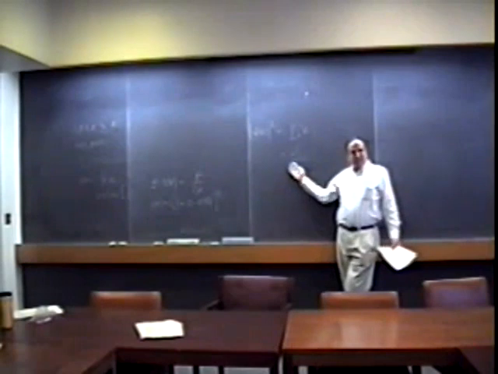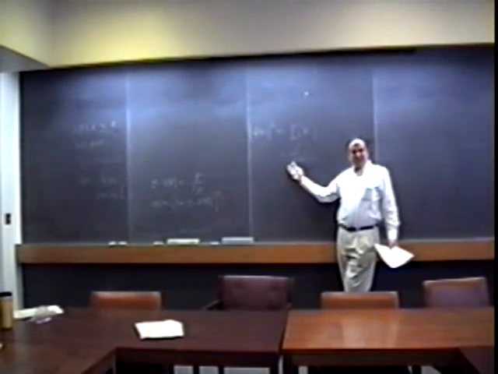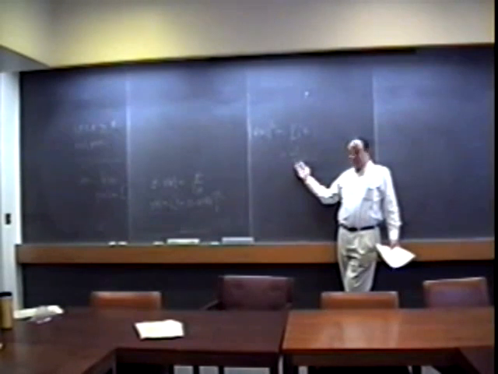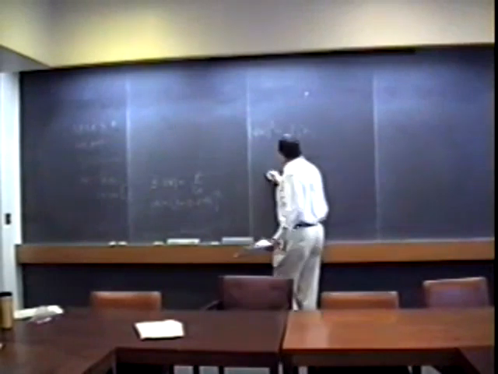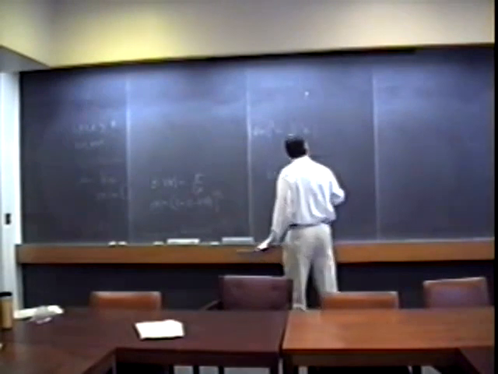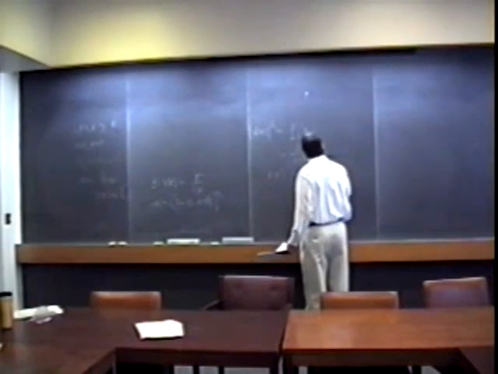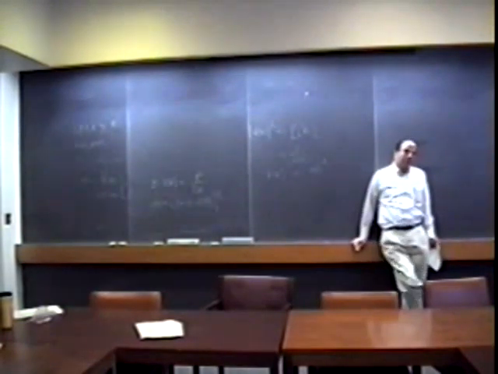Right? If a system is moving through space, it's going to spend a certain time at r, and that will be 1 over the velocity. So we know that psi of r is going to have to be proportional to 1 over the square root of the classical momentum. And that's the envelope.